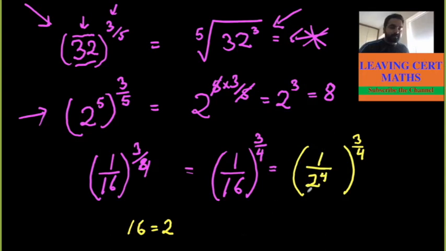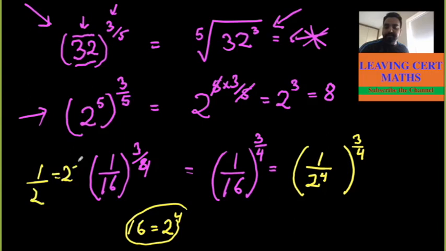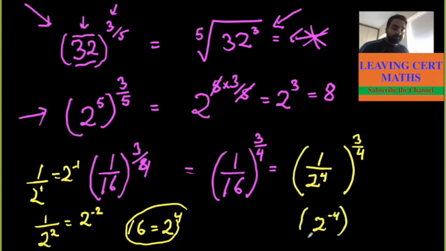Because 2 to the power 4 is your 16. So I'm just replacing 16 by 2 to the power 4, right? And you know that 1 over 2 to the power 1 becomes 2 to the power minus 1. If you have 1 over 2 to the power 2, it will become 2 to the power minus 2. So this will become 2 to the power minus 4, right?